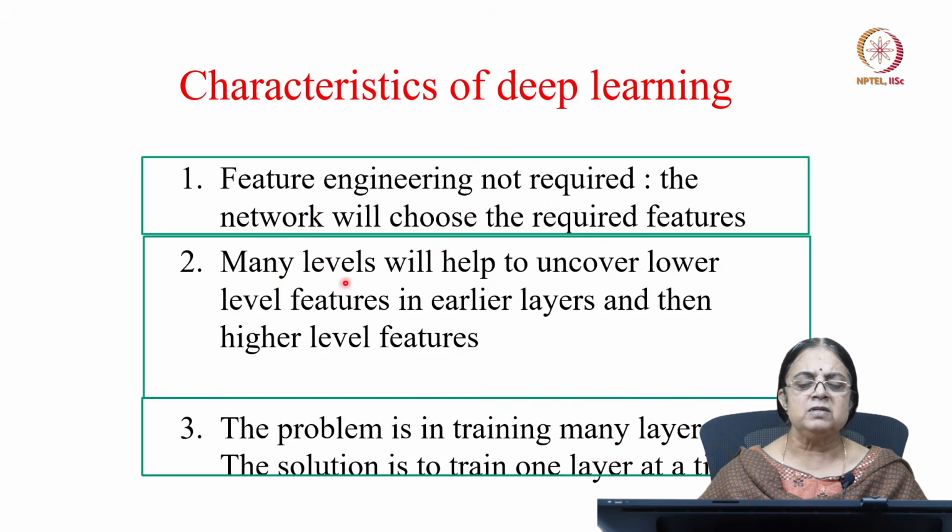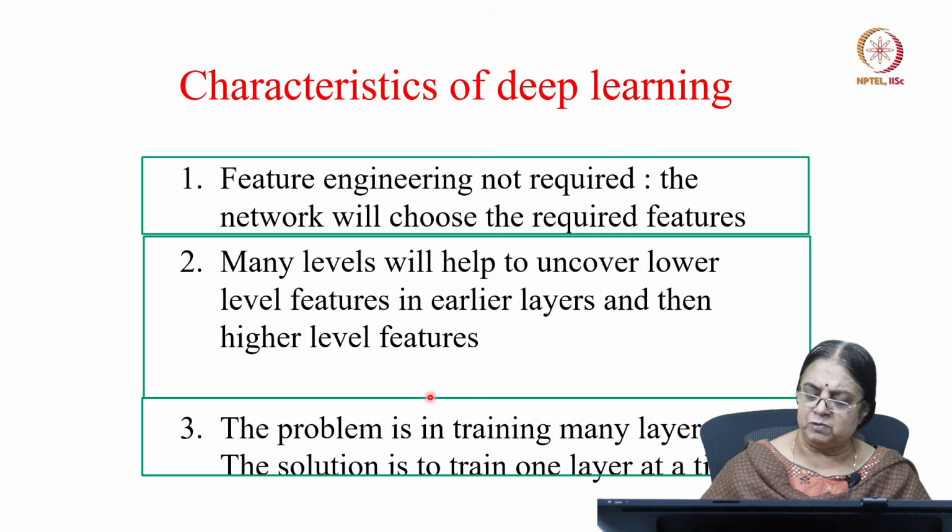Secondly, many levels help to uncover lower level features in earlier layers and higher level features later on. The problem is in training the many layers, so the solution is to train one layer at a time, unlike in the multi-layer perceptron.